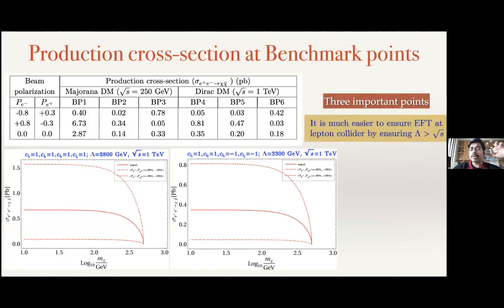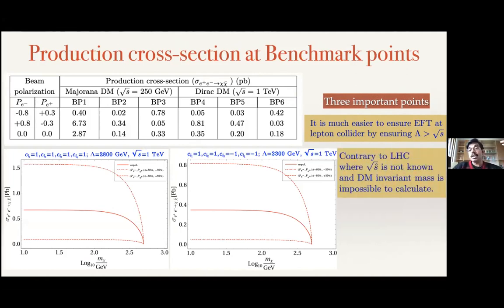There are, however, 3 important points with which I would like to end the talk. One, when you are trying to probe the effective dark matter operators at a collider, it is much easier to do it in a collider where the center of mass energy is known, for example, a lepton collider, because you have to ensure that your effective scale lambda must be greater than the center of mass energy.